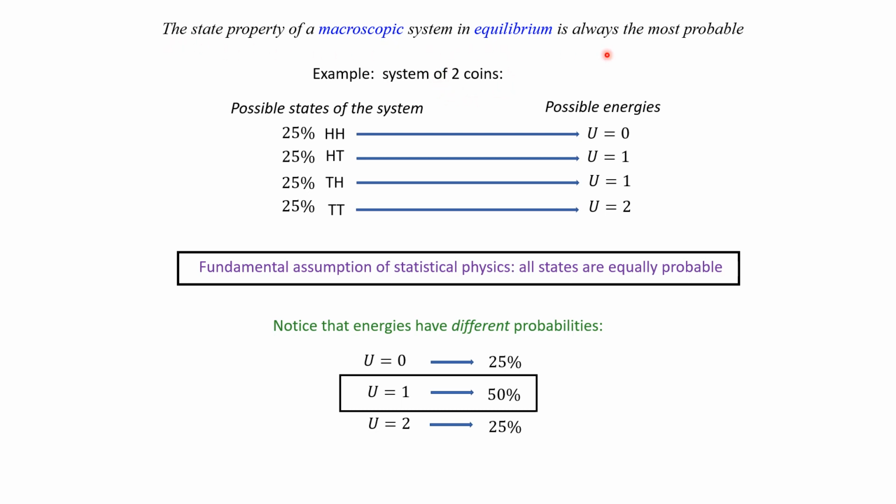But this principle is stating that only in a large, gigantic, macroscopic system, we should expect that the most probable energy is indeed an energy of equilibrium, is indeed an energy that does not change in time anymore.